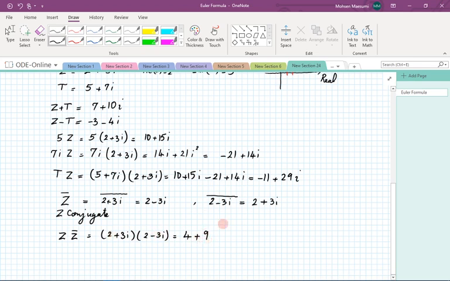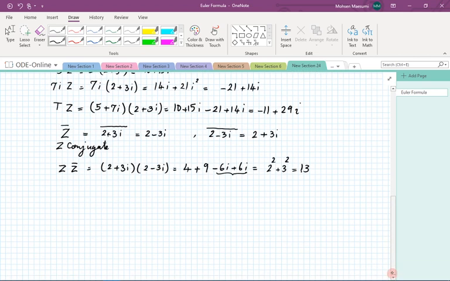Now 2 times minus 3i is minus 6i, and 3i times 2 is plus 6i. And here is the interesting fact that these two cancel each other out. We get 2 squared plus 3 squared, or just 13. So when you multiply a complex number and its conjugate, out comes a real number. i completely disappears.